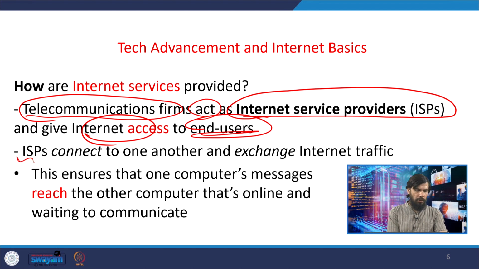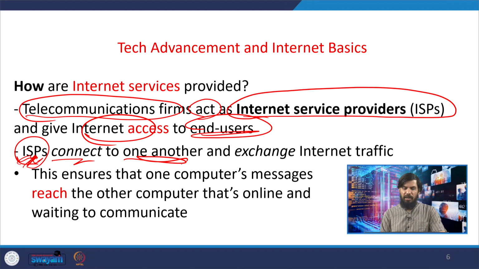In general, we can say these internet service providers, or ISPs, connect to one another, so that a computational node in one ISP is able to communicate with a computational node in another ISP. So, ISPs connect to one another and exchange internet traffic, right.